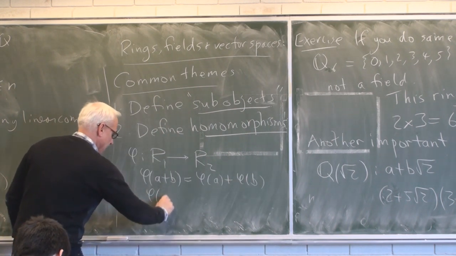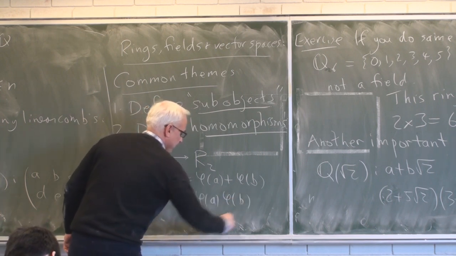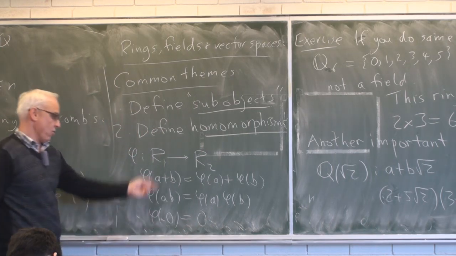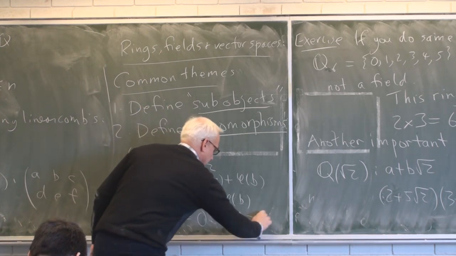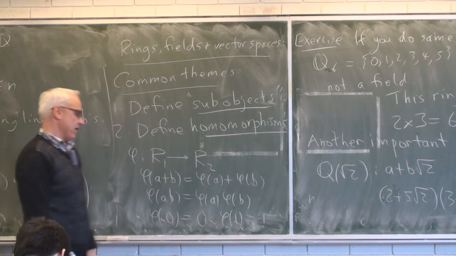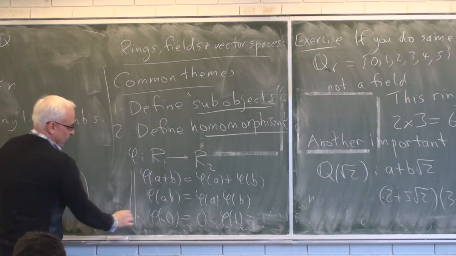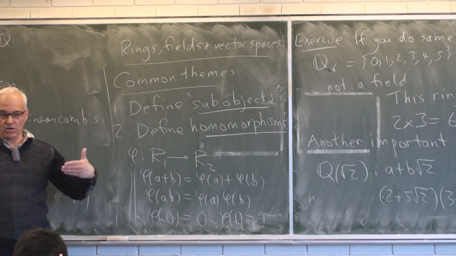And if you have a multiplication, you would want f(ab) to be f(a) times f(b). And if you have a zero element in one, you want the zero element in one to go to the zero element of the other. And if you happen to have a multiplicative identity, you want the multiplicative identity to go to the multiplicative identity of the other one. So these kinds of relations define very important functions called homomorphisms.